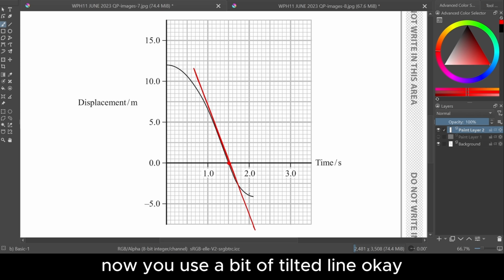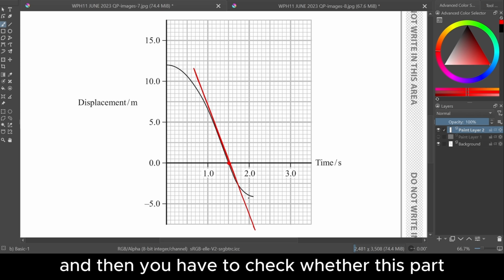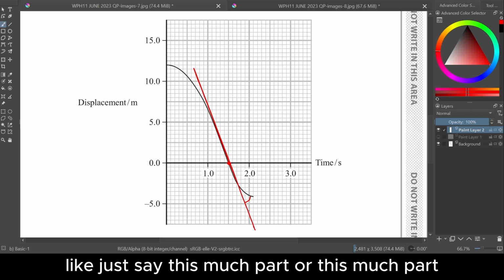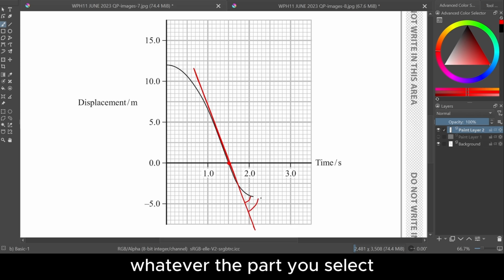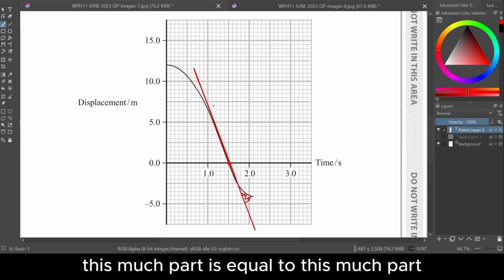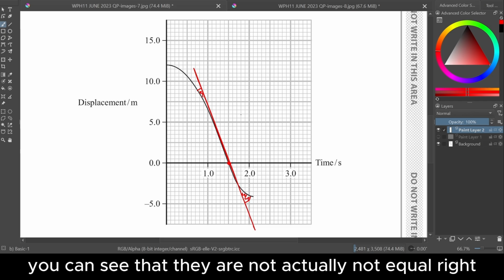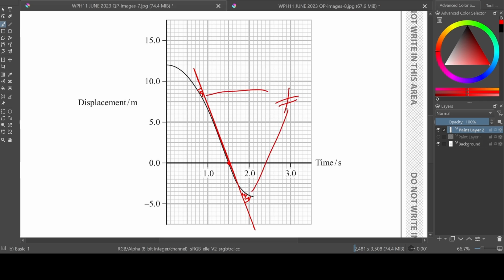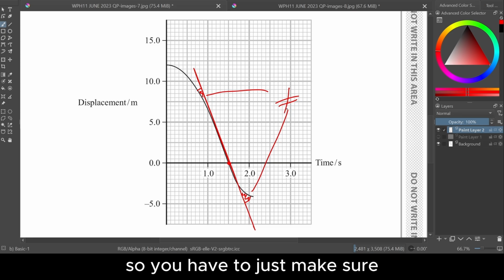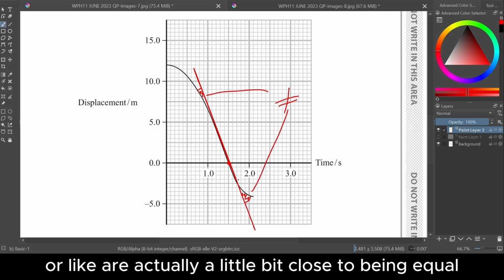Now you use a bit of a tilted line, and then you have to check whether this part is equal to this part. For now you can see that they are not equal. You just have to make sure that both of these sides are a little bit close to being equal.